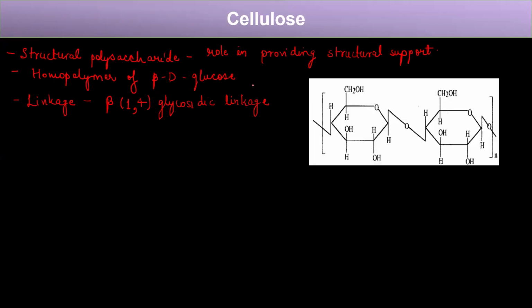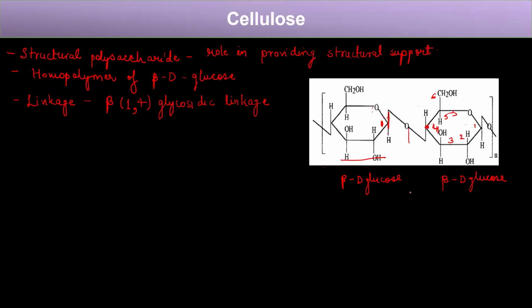If you look at the structure, this is beta glucose, because the OH is upside. That's why it's a beta D glucose. Again, this is also a beta D glucose, and they link where? This is position 1, and when you count, 1, 2, 3, 4, 5 and 6, the linkage is between 1 and the 4th position.